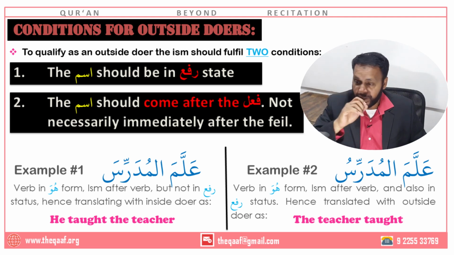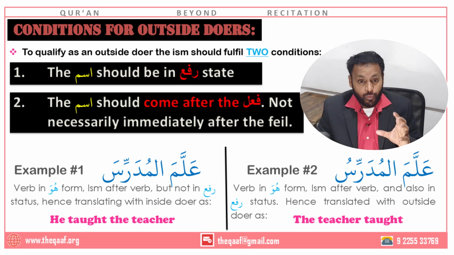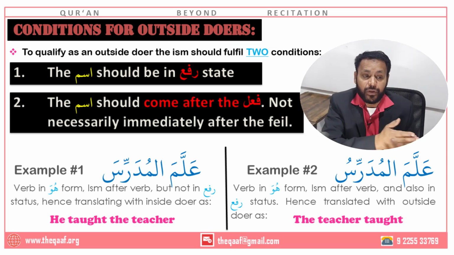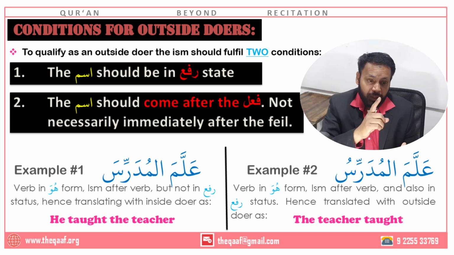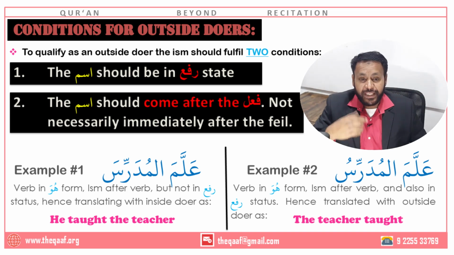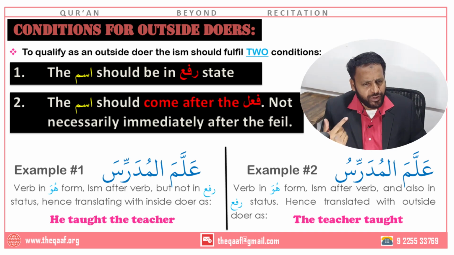First condition: whatever is the outside doer, it should come after the verb, not before the verb. Whoever is the doer, it should come after the huwa hiya verb. That's one condition. The second condition, I think you already know it. What should be the second condition? You know it.